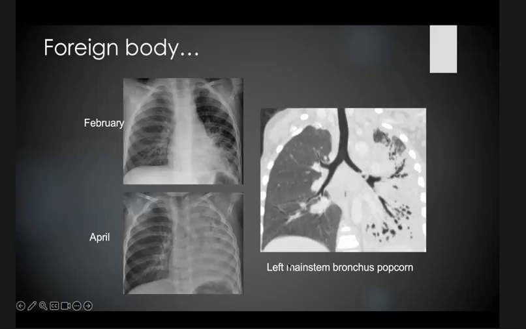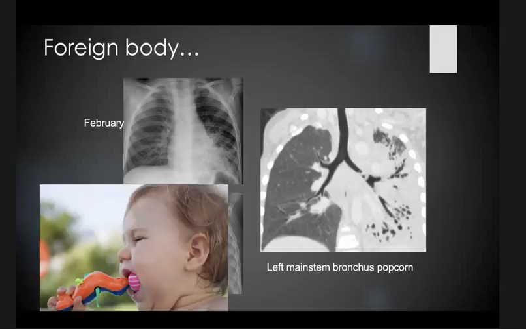We did a scan because it was clear from the history at that time that she had choked on a popcorn, which the parents didn't know at the first X-ray. So you see the popcorn here, and you see the post-obstructive bronchiectasis and the complete opacities of the lung, which got better a couple of months later.